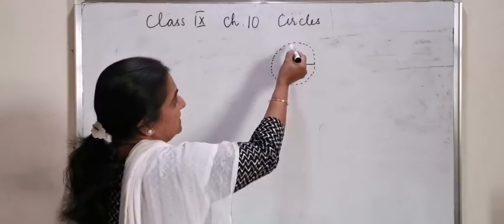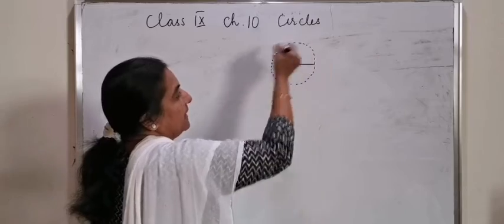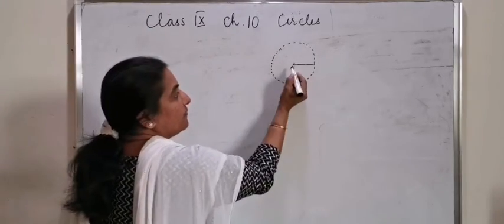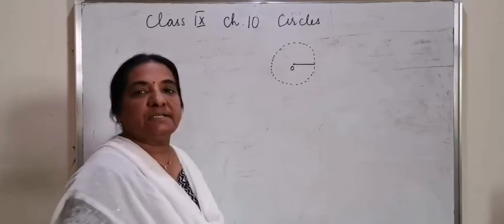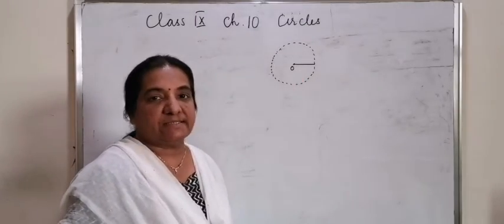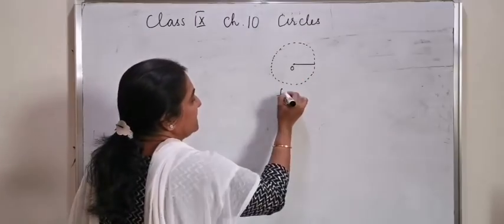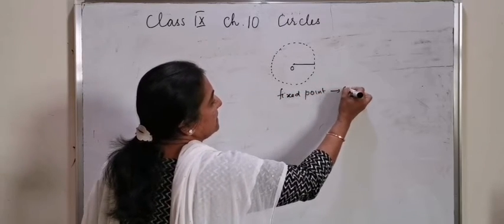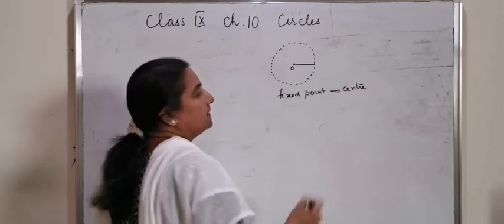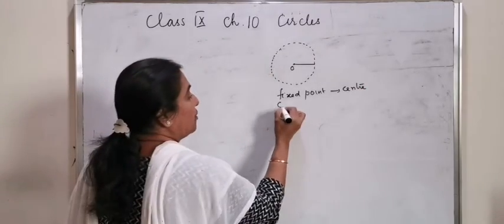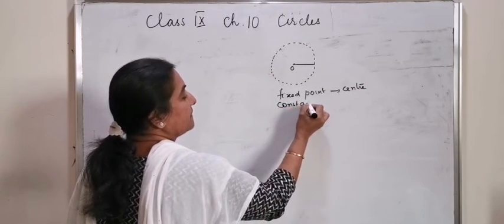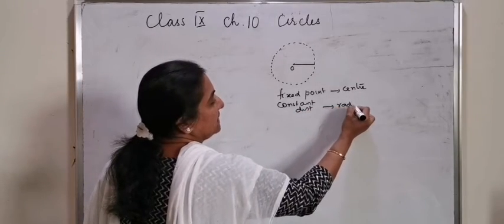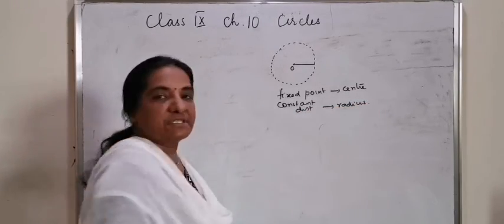That is, the set of all points in a plane which are at a constant distance from a fixed point will represent a circle. The fixed point is the center of the circle and the constant distance will represent the radius of the circle.